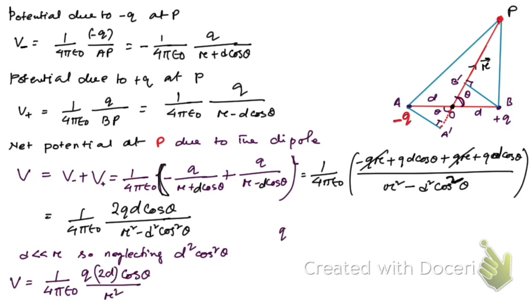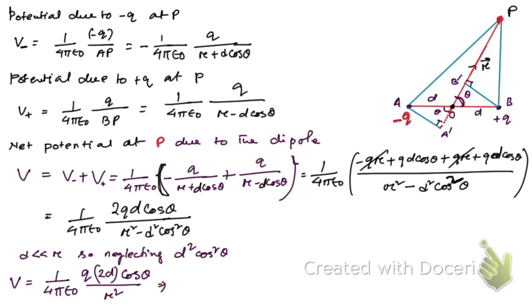So q into 2d is nothing but the dipole moment of the electric dipole. If there are two charges minus q and plus q separated by a distance 2d, then the dipole moment is given by p is equal to q into 2d. I hope you know these things. So we can replace q 2d by the dipole moment p.